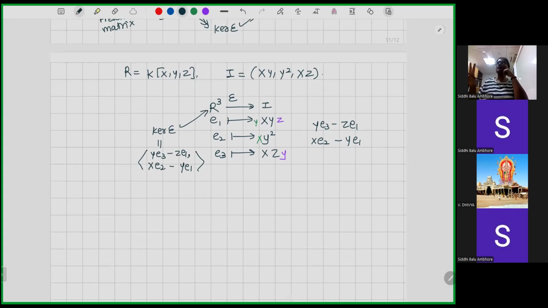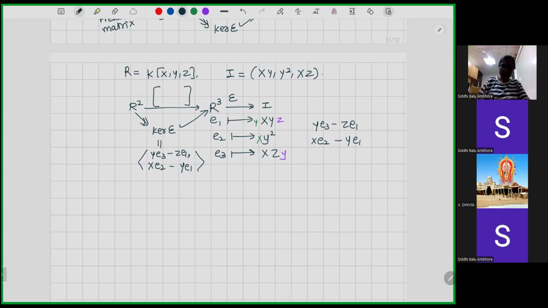So since we have these two terms here, I have this map from R2 to kernel epsilon, because now kernel epsilon is again a finitely generated module over R generated by two elements. So I get this map from R2 to kernel epsilon, and I have to find what this is.